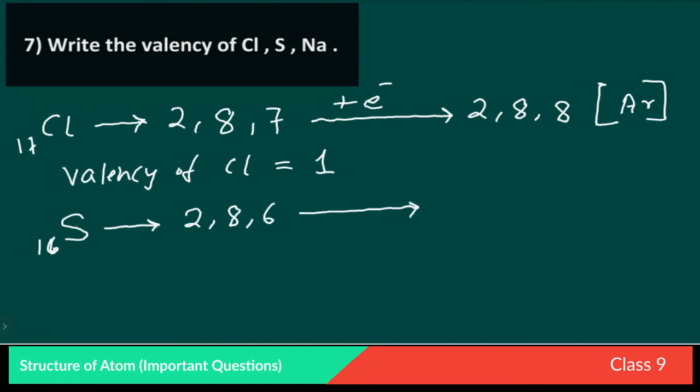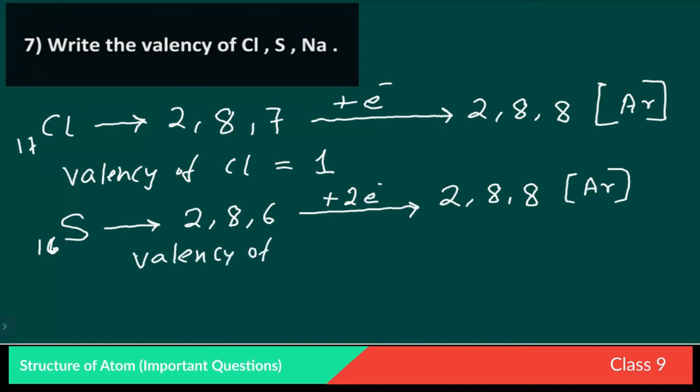In order to attain the nearest inert gas configuration, it will require 2 more electrons to become 2, 8, 8, that is the configuration of argon. So we can conclude that the valency of sulfur is equal to 2.